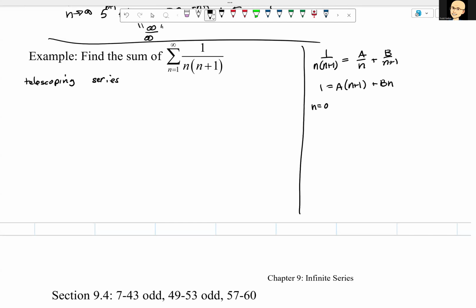If we set n equal to 0, we get 1 is equal to A. If we set n equal to -1, we get 1 is equal to, this becomes a 0, and we get negative B, or in other words, B is -1. In other words, this expression is equal to 1 over n minus 1 over (n plus 1).